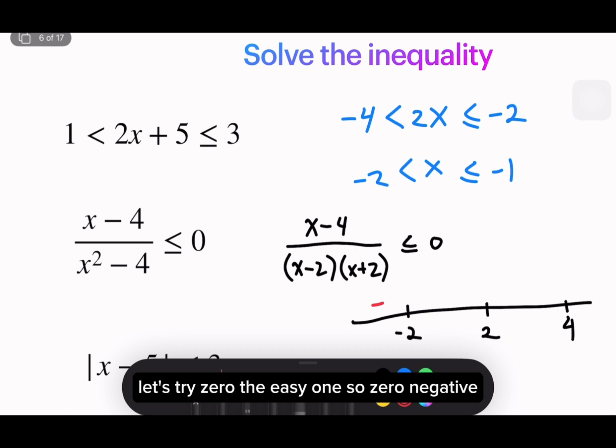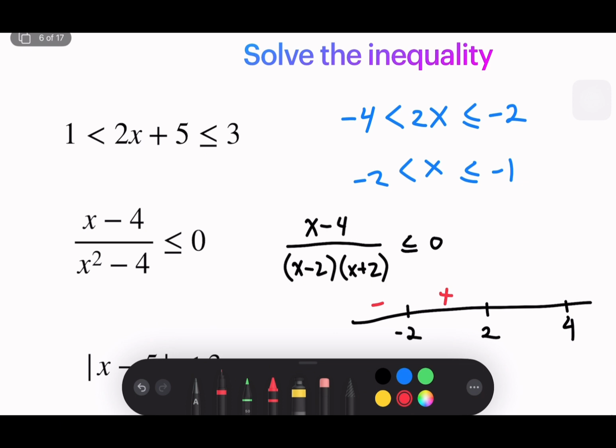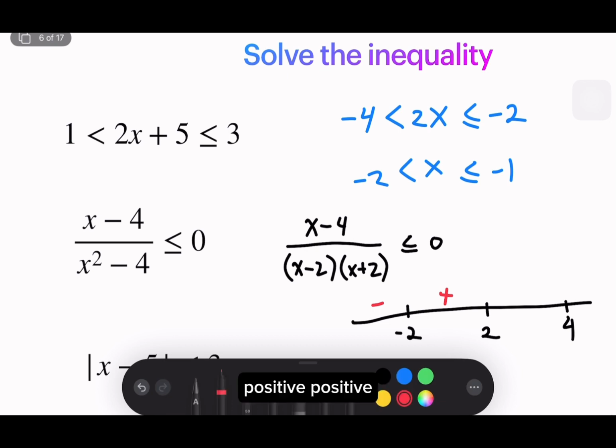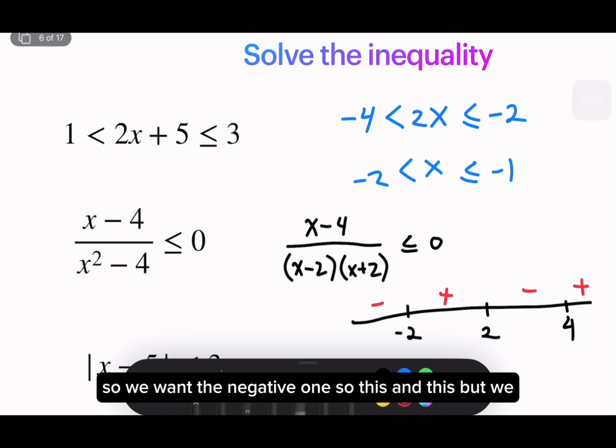So negative, negative, positive, so it's positive. Between 2 and 4, let's try 3. 3 is negative on the top, positive, positive, so it's negative. Try 5. 5 is positive, positive, positive. We want the negative ones.